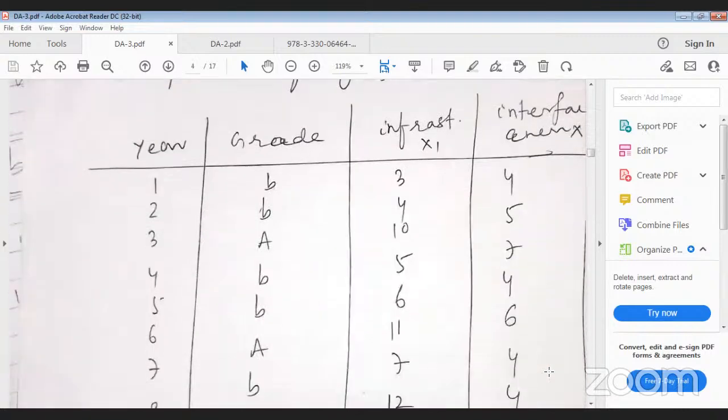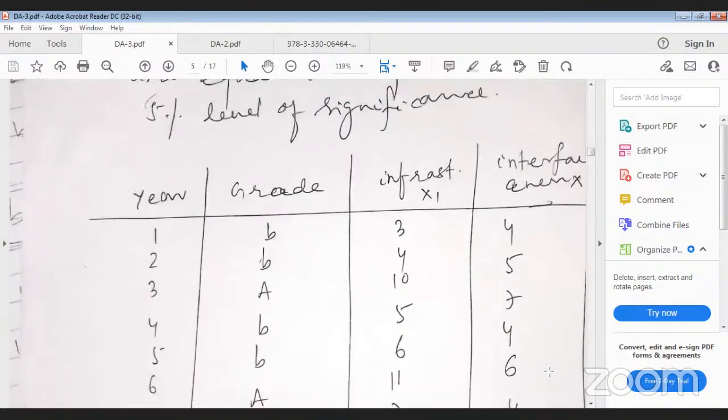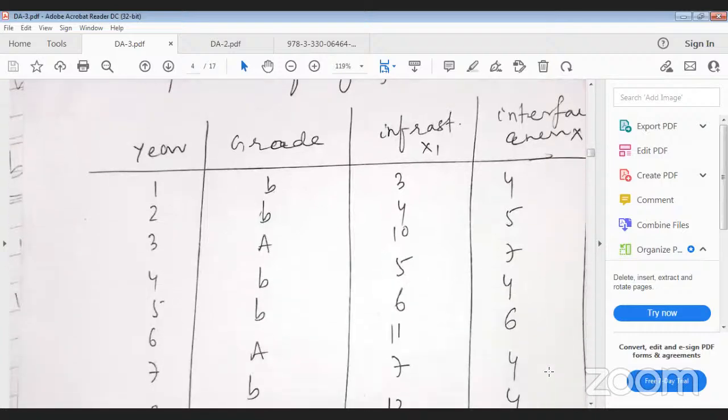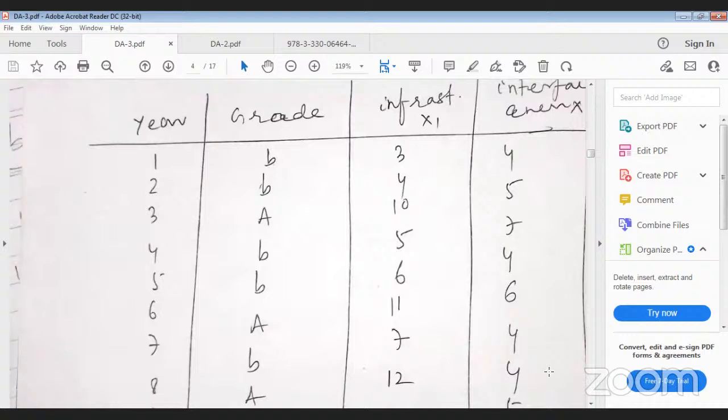This is the database. You can see the question: year means, as I already told, 12-year data, 1, 2, 3, 4 up to 12. The grade is already mentioned. Some data must be given to you, so that you can go for prediction and classification.